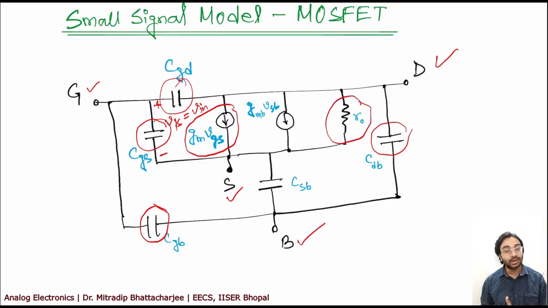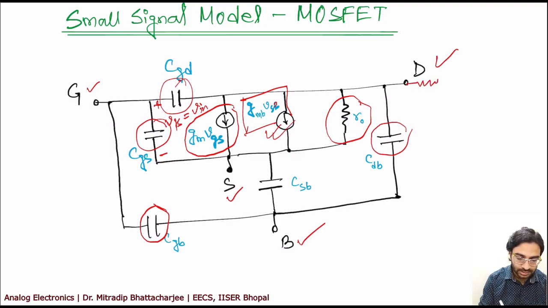Now there is only one term which you will find is extra. This is gmb VSB. I will discuss it further. But before I go to the next slide, I would like to say that there are a few resistances here as well.